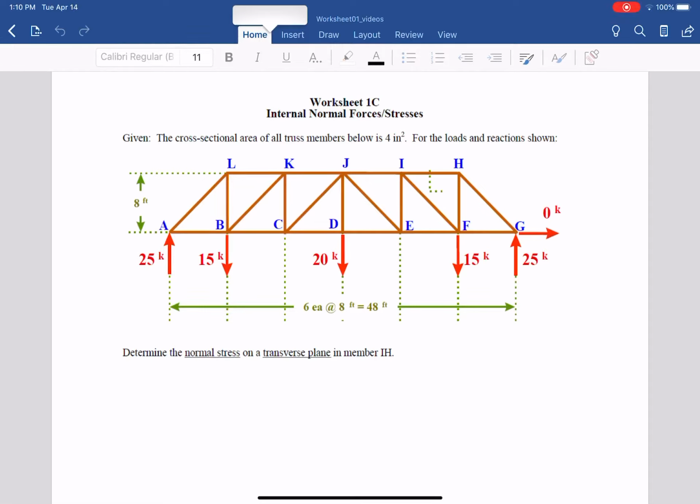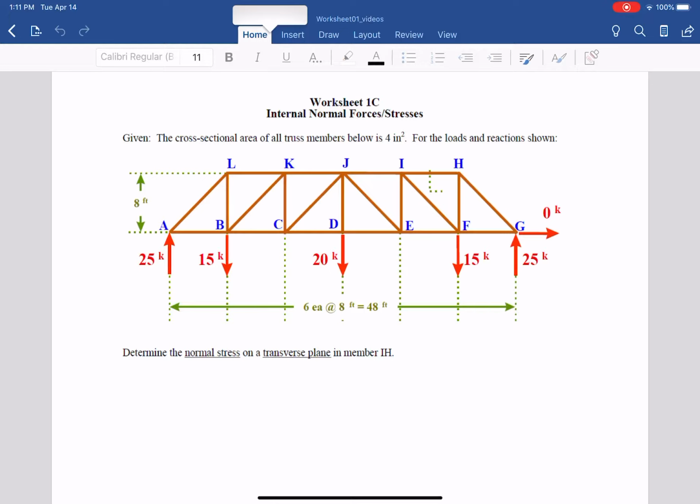You see worksheet 1C, internal normal forces and stresses for a member in a truss. As you recall in engineering mechanics, the truss member is a two-force member. Given the cross-sectional areas of all truss members below is 4 inch square, that is the area of the transverse cut.